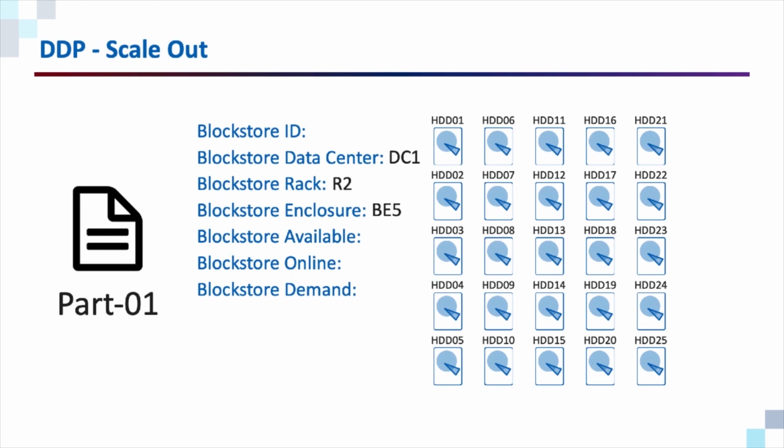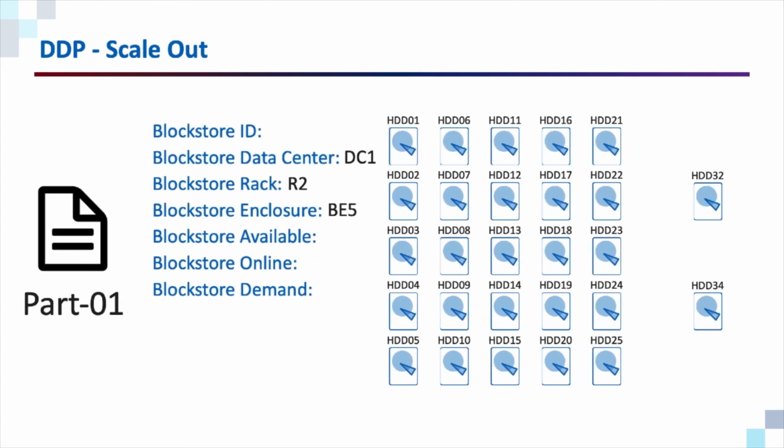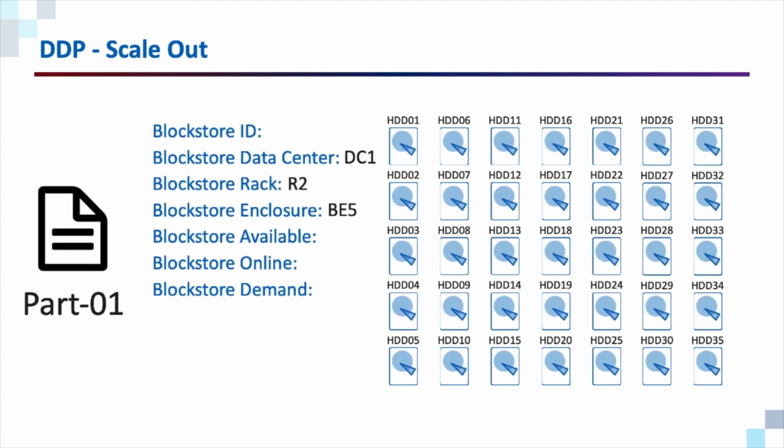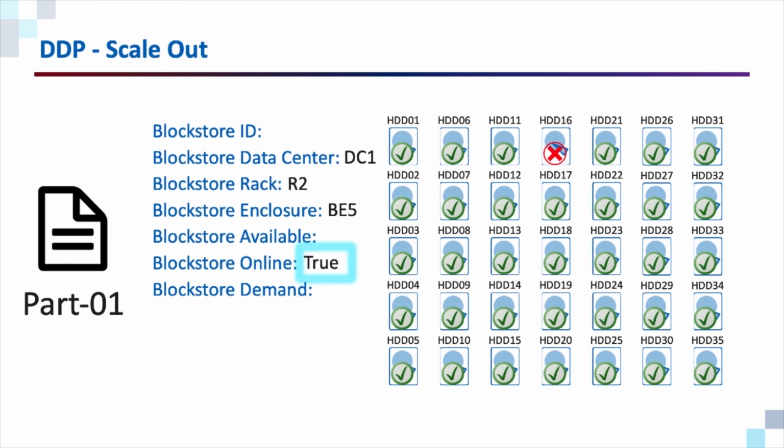So let's take a look at DDP and how it's affected by scale out. We'll use the same part as in the previous example that was going into Data Center 1, Rack 2, and Storage Enclosure 5. But now we've added more block stores, we've scaled out. So what happens? We go through the same process. Block stores that are not online are filtered out of the selection set.